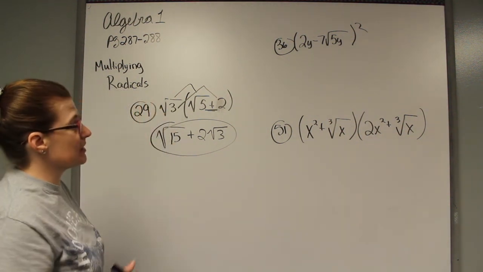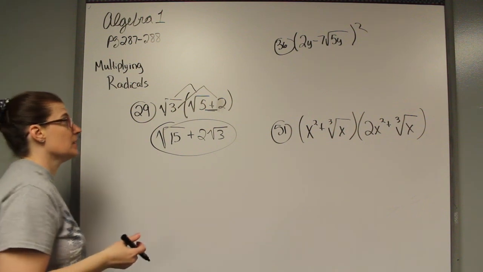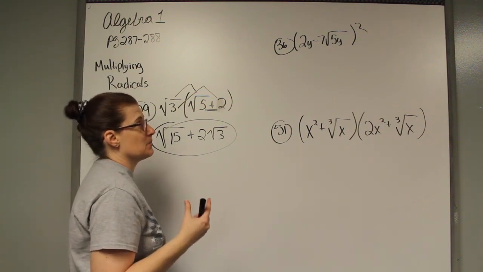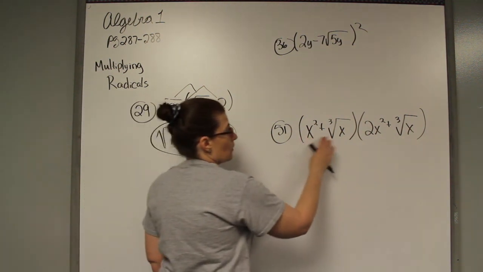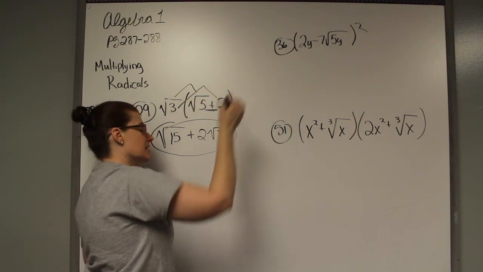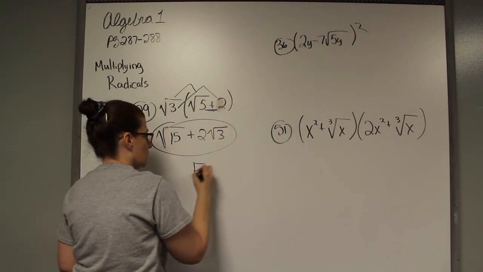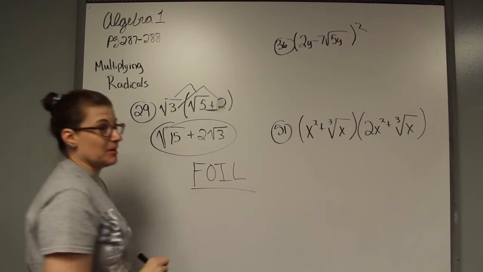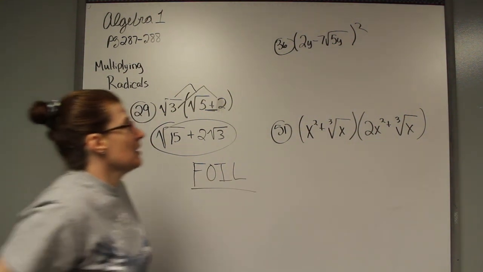All right, 36 and 51 and all in between in that area are binomials times binomials. That means there's 2 things, 2 things. This one too, it's just written condensed, and I'll show you, but that's going to require that FOIL method that we did a few months back, and we spent a lot of time on it, okay?